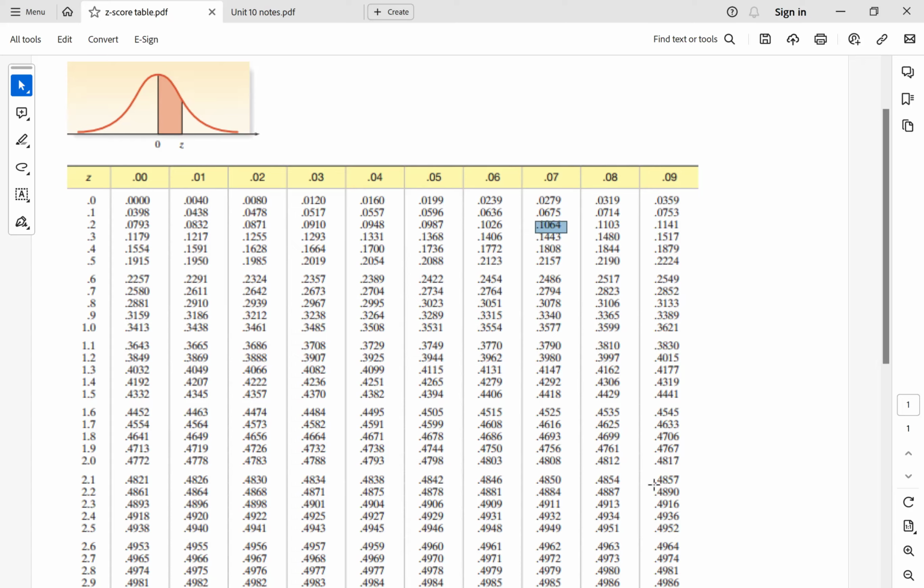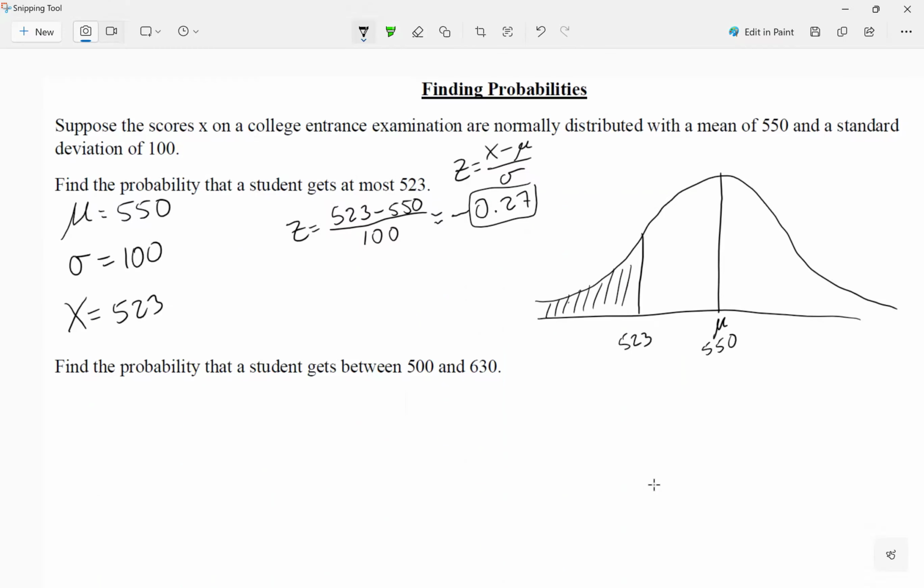But what does that mean? According to our picture, that's the area from the mean, from the center to my z-score. So this area in here is 0.1064.